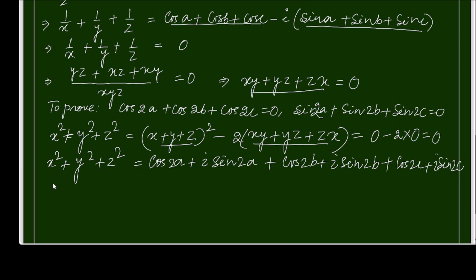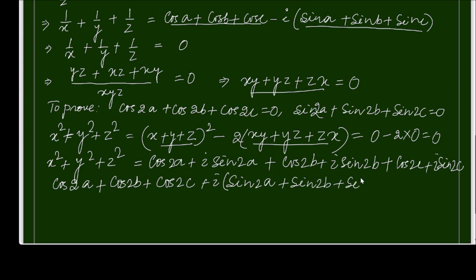That means cos 2A plus cos 2B plus cos 2C plus i times (sin 2A plus sin 2B plus sin 2C) is equal to 0, because x square plus y square plus z square is equal to 0.